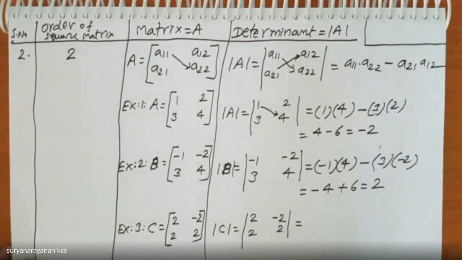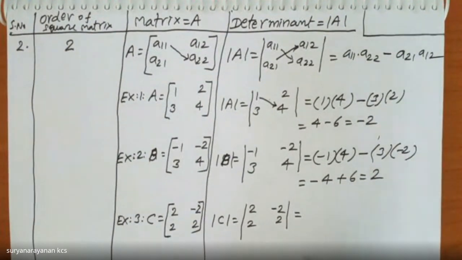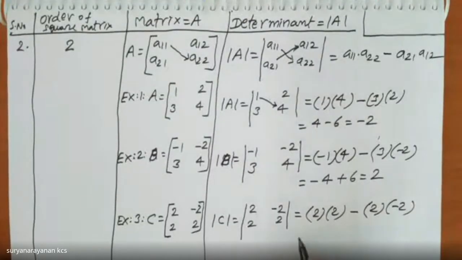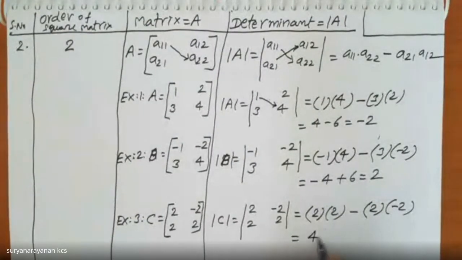Now tell me, how do you find the determinant of this matrix C? 2 into 2, this diagonal's elements, minus 2 into minus 2. Now simplify these numbers: 2 into 2 is 4, plus 4, that is 8.